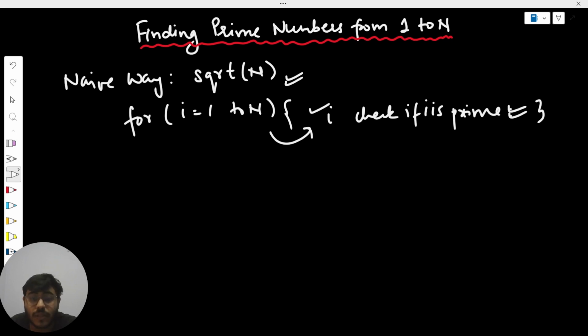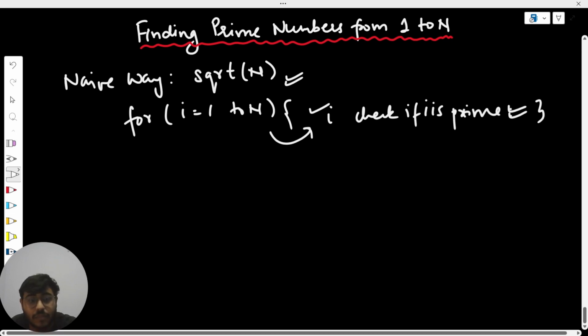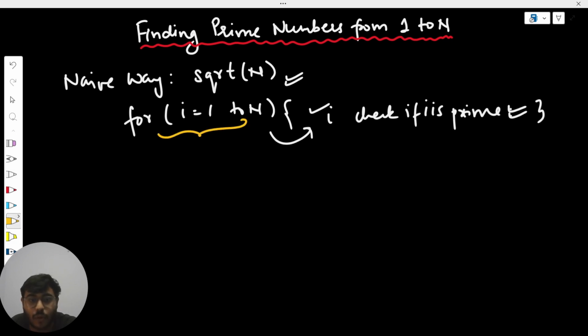So what is the time complexity of this approach? You will be enumerating all the numbers from 1 to n, so the outer loop takes n time. You can also start from 2 because we know that 1 is not a prime number. Then for each i, you will take around square root of i time.